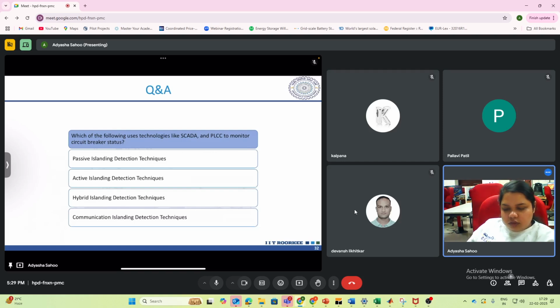Next is, which of the following uses technologies like SCADA and PLCC to monitor the circuit breaker status? Passive IDT, active IDT, hybrid, or communication based techniques. So SCADA, PLCC, these are communication based techniques, right?